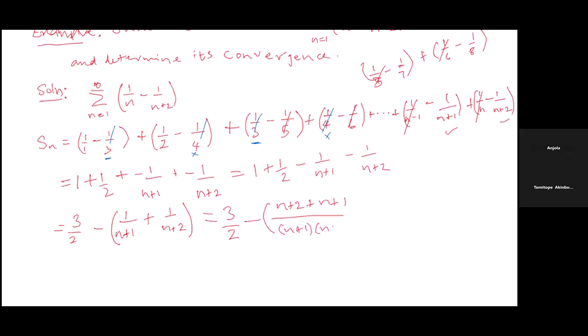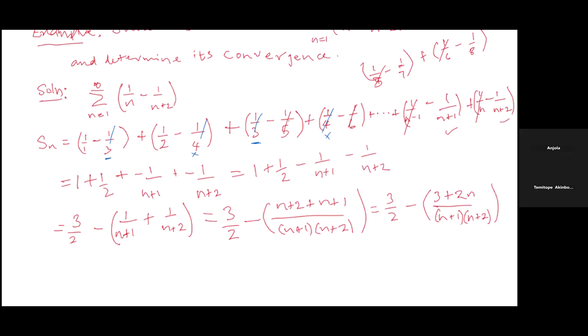So that will now be 3 over 2 minus, that's 3 plus 2n, over n plus 1, n plus 2. Is that it? That's 3 plus 2n. Yes, that's right. Okay.